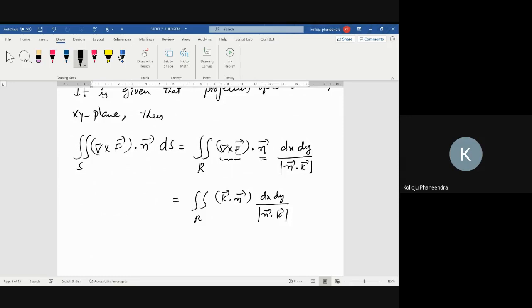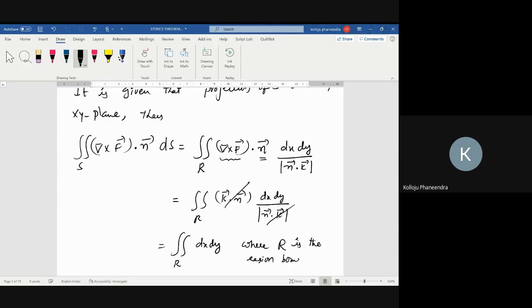N bar is actually the normal vector to the surface phi. Therefore, del phi by mod del phi will be n bar. But there is no need of that here because both are getting cancelled. That is equal to the double integral over R, which is simply dx dy. What is R here?